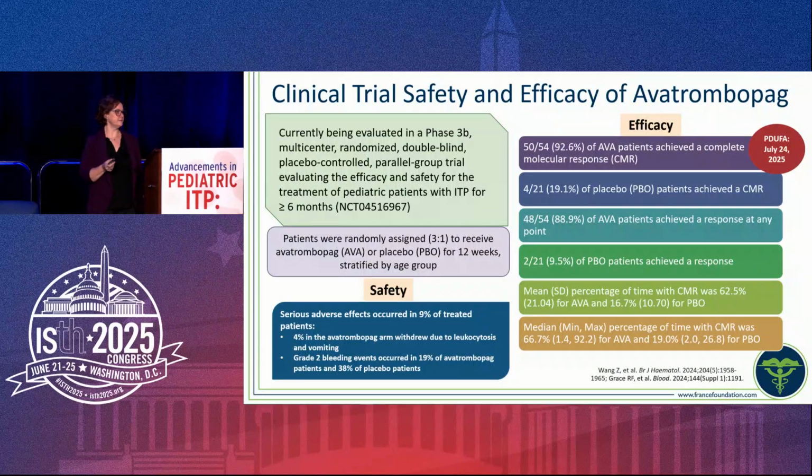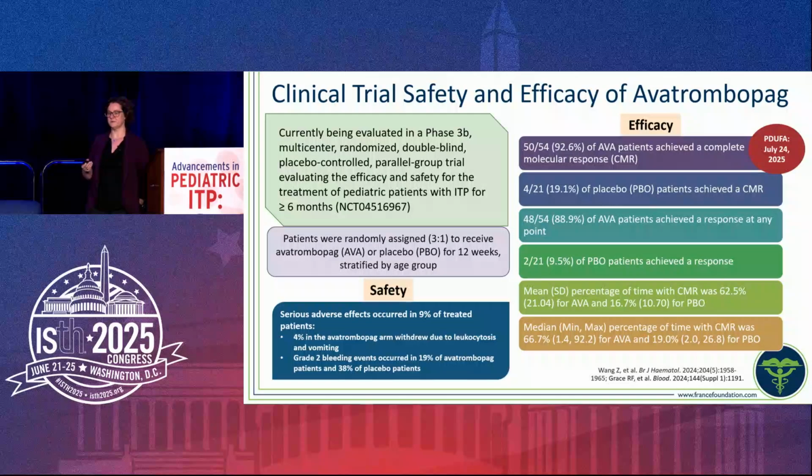But important to note that 19% of placebo patients had what was considered a complete response, because that's our spontaneous remission rate, and that's why it's really important, at least in pediatric trials, that we at least think about either a placebo arm or a historical control arm, so that we can really understand how the response rate differs from what the spontaneous remission rate is.